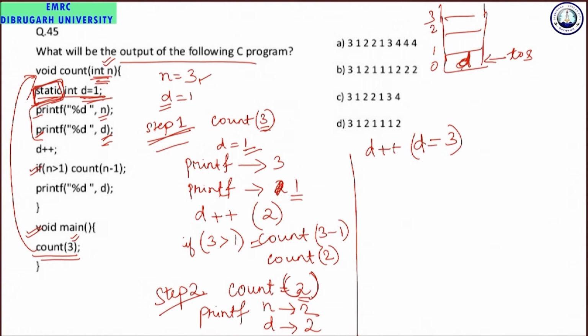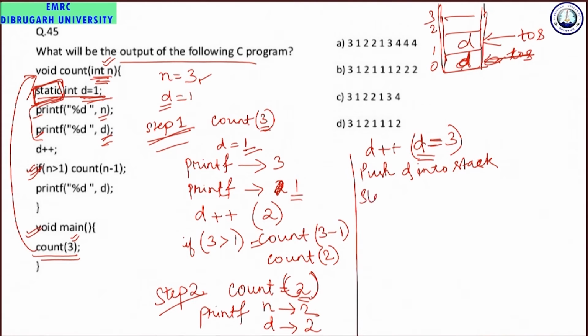Next, again for this one, before jumping to this step we have to push the d into this stack. So, our top pointer gets incremented and d is at this position. So, what can we write here? We can write push d into stack. Okay, push d into stack.